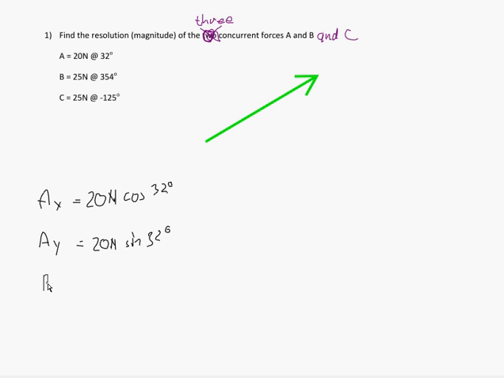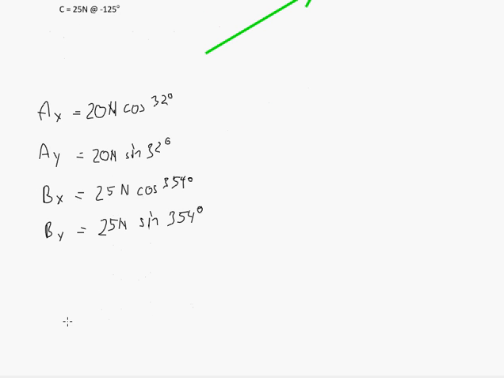Then bx is 25 newtons cosine 354 degrees, and by equals 25 newtons sine 354 degrees. Oh, we're almost done. Don't worry, guys. And sometimes it's actually convenient to separate your x's and your y's so that you don't get them confused.